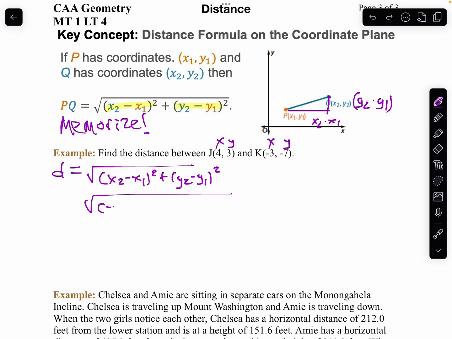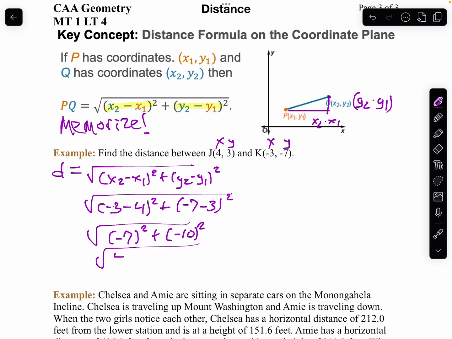So I'm going to say negative 3 minus 4 squared plus negative 7 minus 3 squared. Negative 3 minus 4, that's negative 7 squared. Negative 7 minus 3, that's negative 10 squared. Remember, when you square a negative, you get a positive, so it's 49 plus 100.